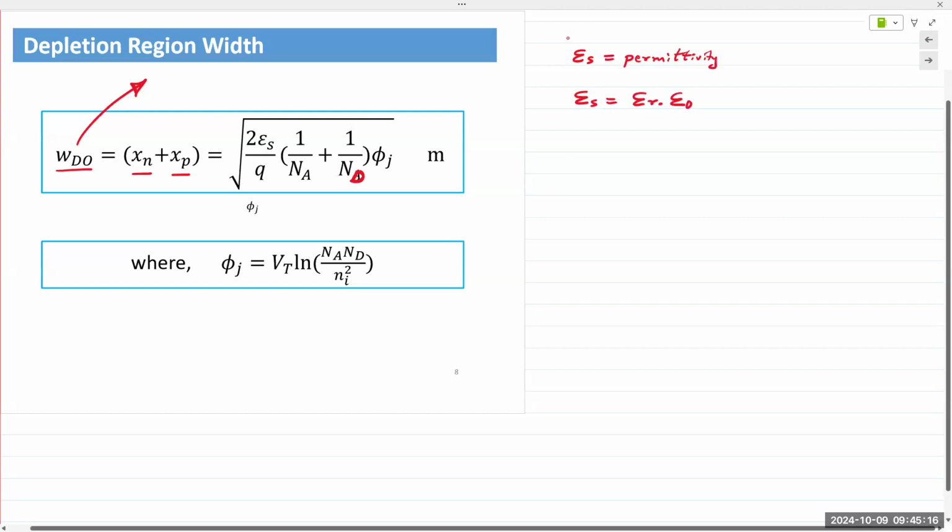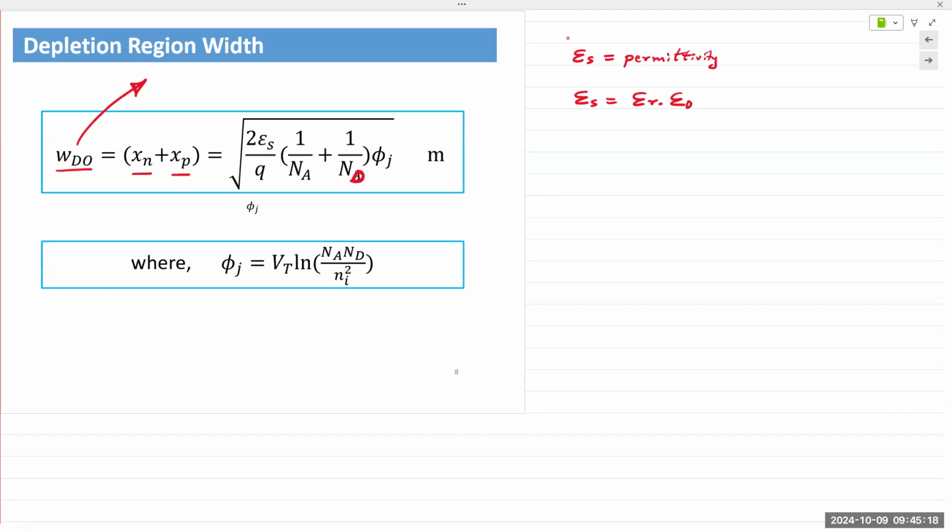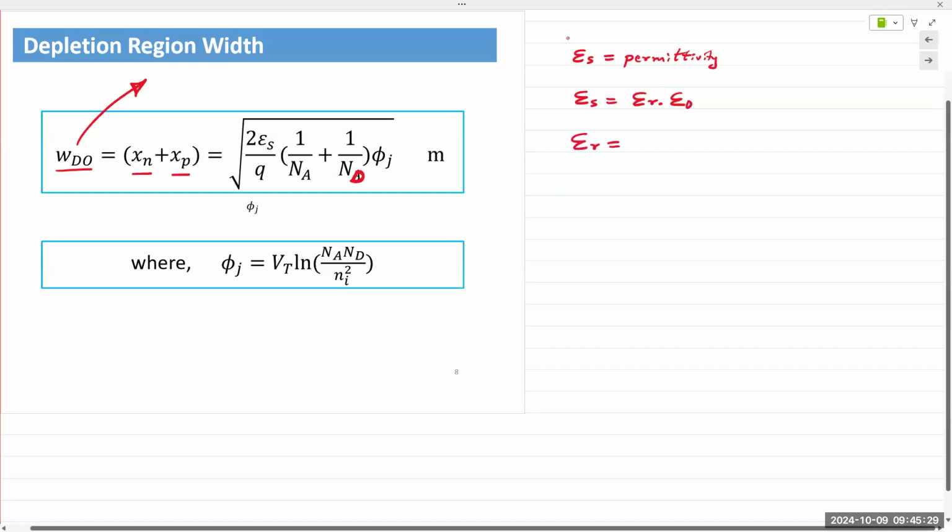Epsilon r is a material property. It describes the relative permittivity of that material with respect to the permittivity of free space, where epsilon 0 is the absolute permittivity, or permittivity of free space.